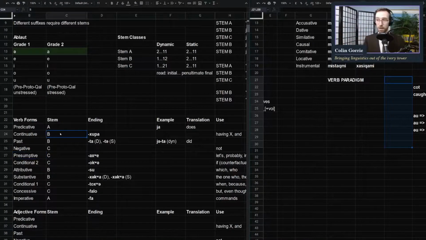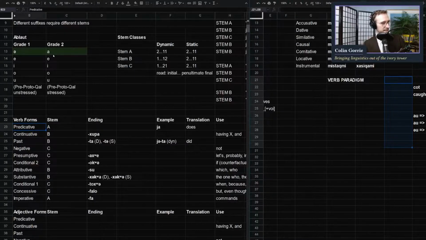So that's ablaut, or apophony, it's also called. It's a type of non-concatenative morphology. I had a comment on one of the videos saying, bring in some more non-concatenative morphology. And I thought, all right, you don't have to tell me twice.